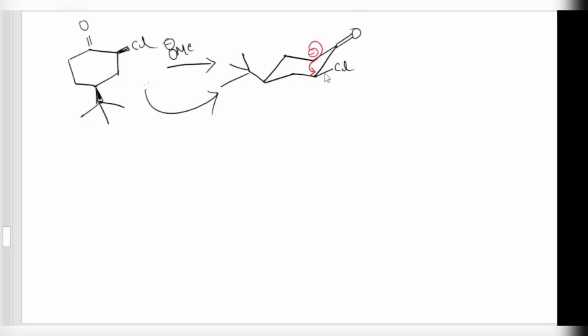I will elaborate. Here Cl is there, and this is the anti-bonding orbital of this bond. The negative charge is anti-periplanar to this particular carbon-chlorine bond, this is anti-periplanar.